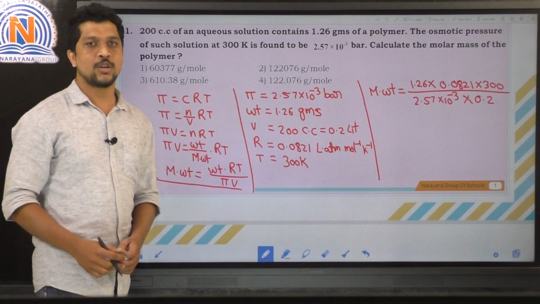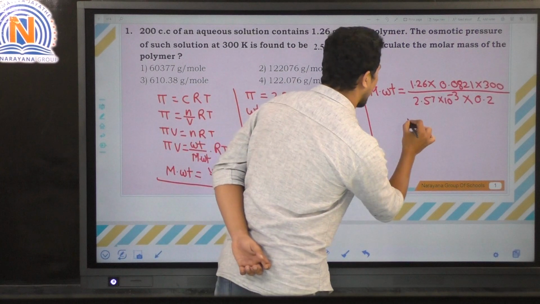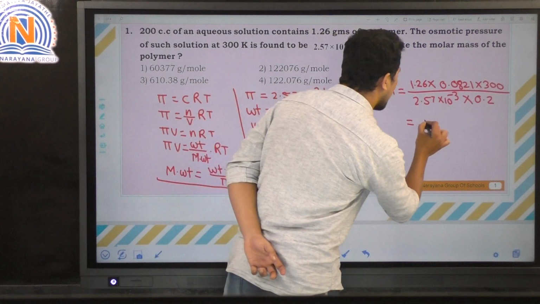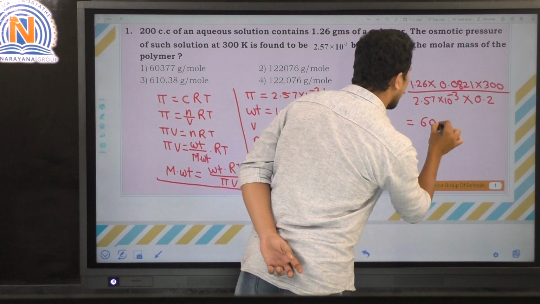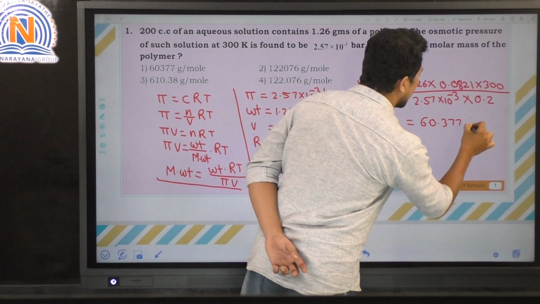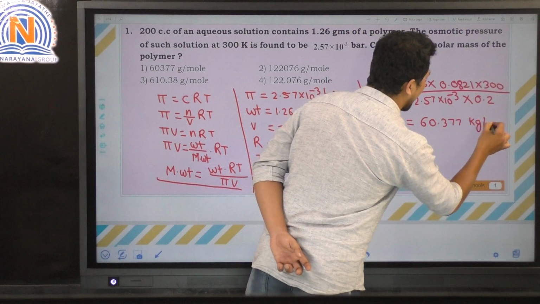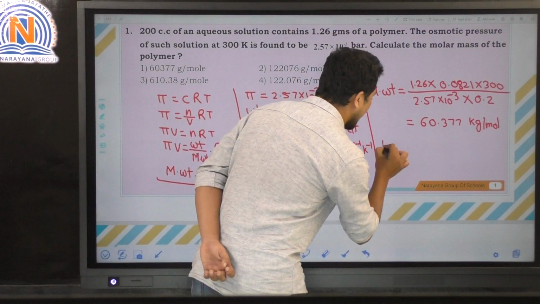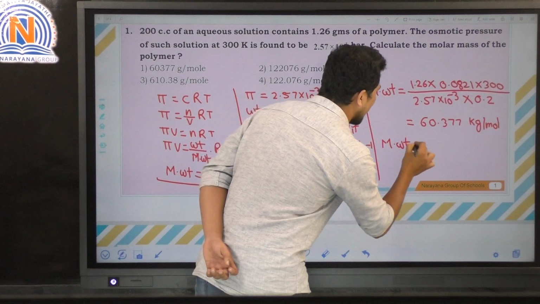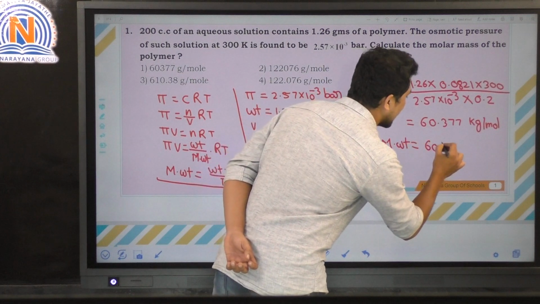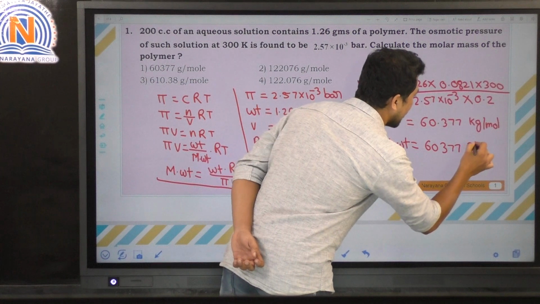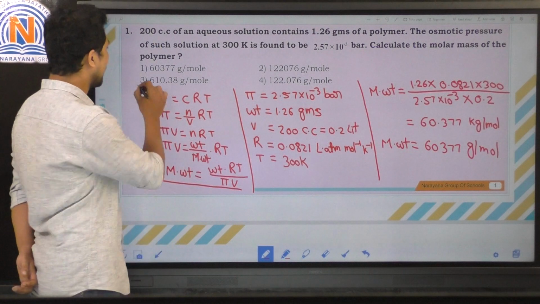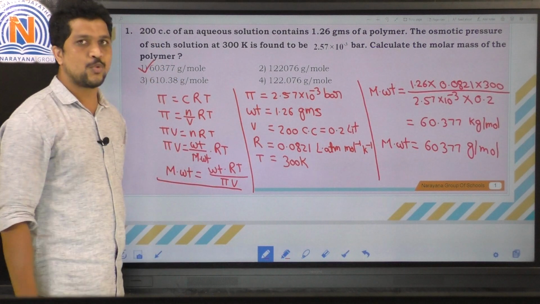If you solve this one, you will get 60.377 kg per mole. Then this one we can write as 60,377 gram per mole. So the correct option is the first option. Let's move on to the next question.